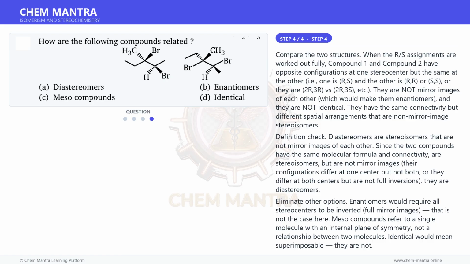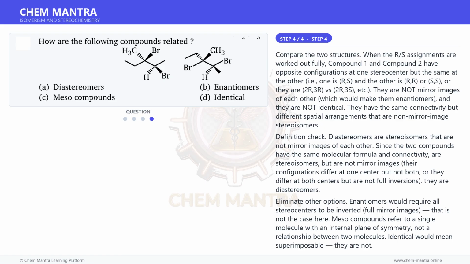They have the same connectivity but different spatial arrangements that are non-mirror image stereoisomers. Definition check. Diastereomers are stereoisomers that are not mirror images of each other.